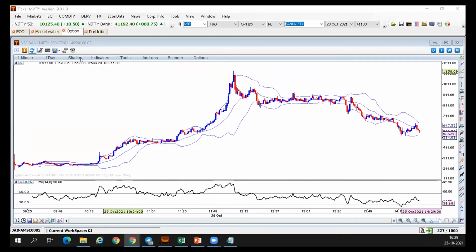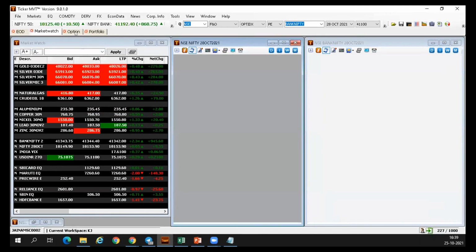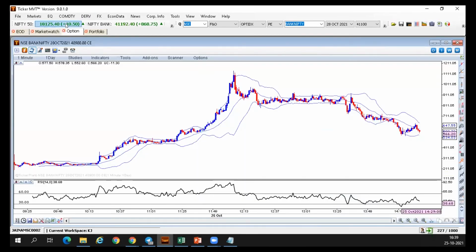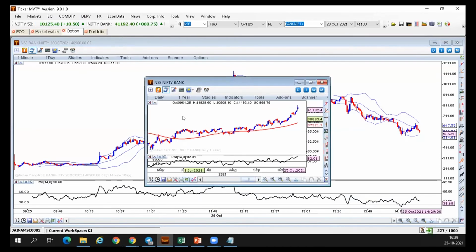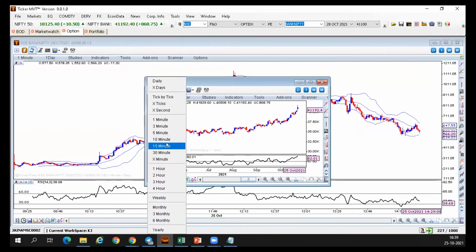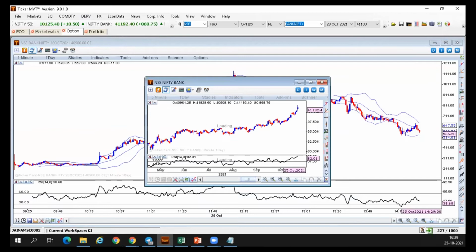So at 10:30, we got the first trade. This is a Bank Nifty spot chart. I'm keeping it to 5 minutes.